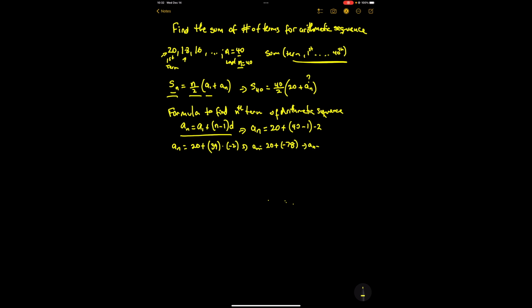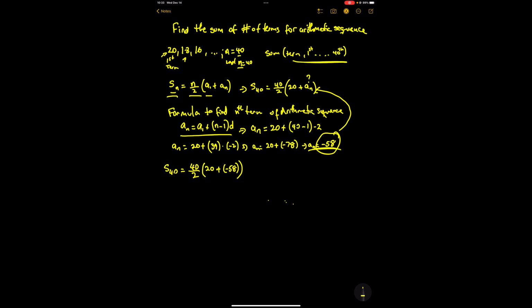So AN will be equal to negative 58. Now we can put that number back into this formula. So we have S40 equals 40 over 2 times 20, plus AN, which is negative 58.